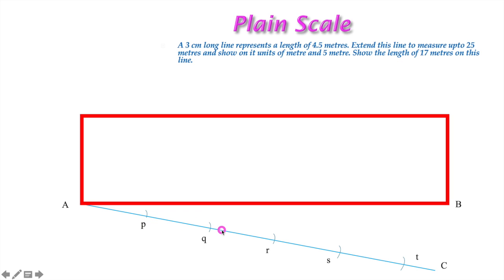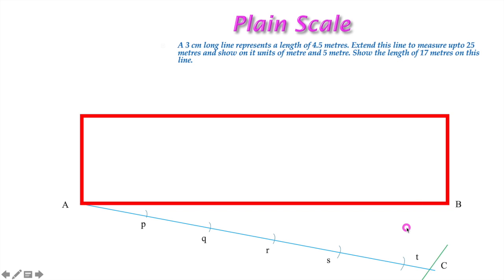No particular measurement, but the only condition is all the segments are equal in length. AP equals PQ equals QR equals RS equals ST equals any value, say 5 meters or 3 centimeters, 4 centimeters, whatever it is.